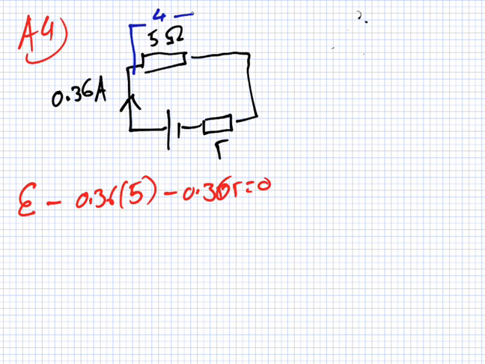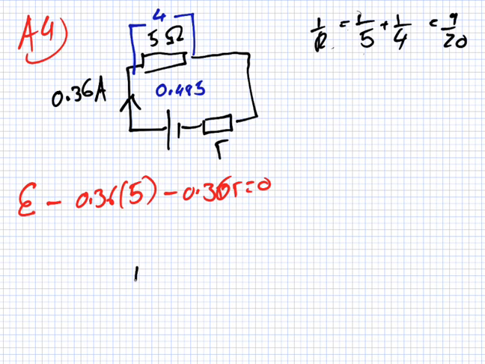So then they stick a 4 here. And then the current changes to 0.485. So I need to know what the new resistance is. 1 over R equals 1 over 5 plus 1 over 4. So that's 9 over 20.